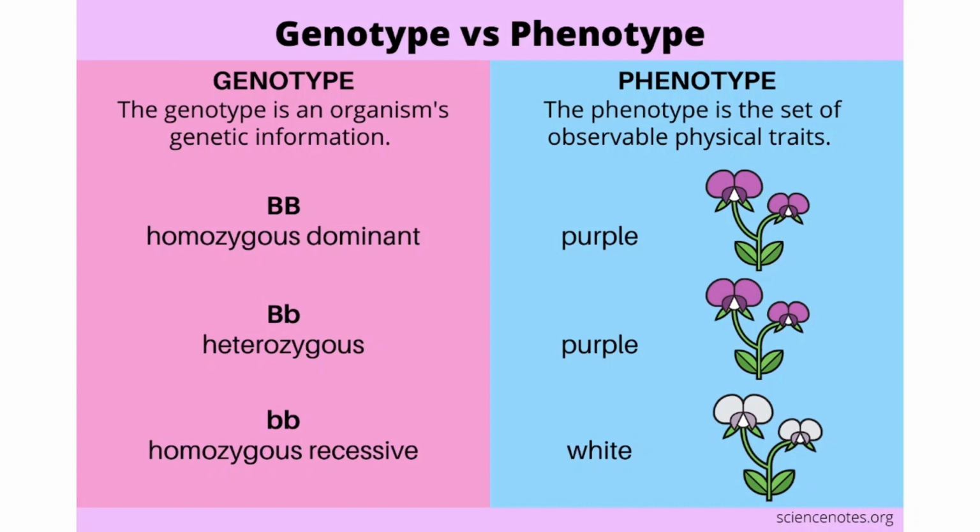When both small b's are present, that is homozygous recessive, it will be white, because small b represents white, capital B represents purple, and capital B is dominant over small b. But when capital B and small b are present together, that's the heterozygous population, that will be purple, because capital B is dominant over the recessive allele small b. So that's why that will be purple.